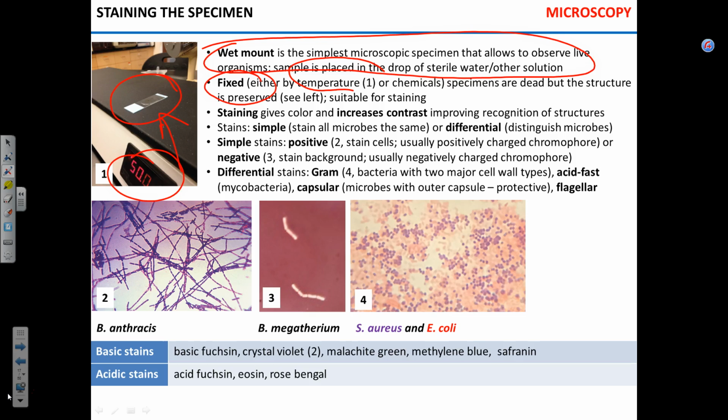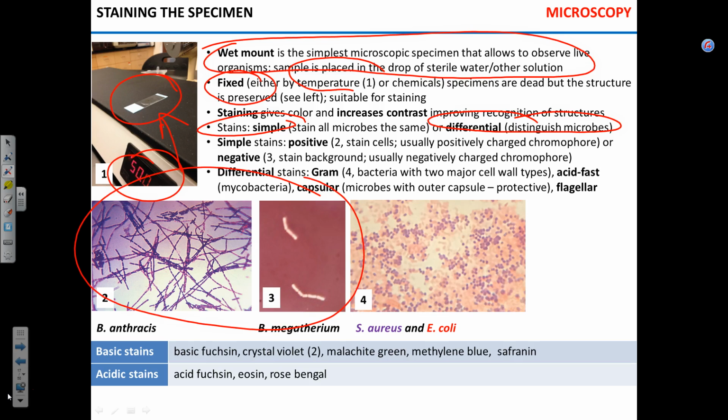Okay? Now, when you fix, then you can stain. There are two big types of stains: the simple stains and differential stains. Both of them serve pretty much the same purpose, to increase contrast. Simple stains do not distinguish between different types of microbes. These are two examples of simple stains.